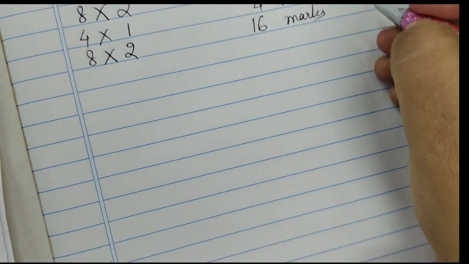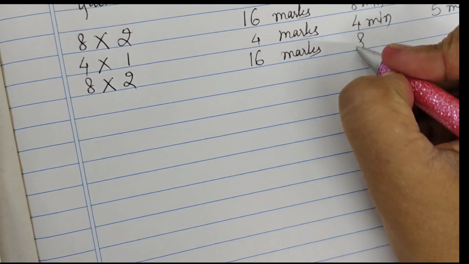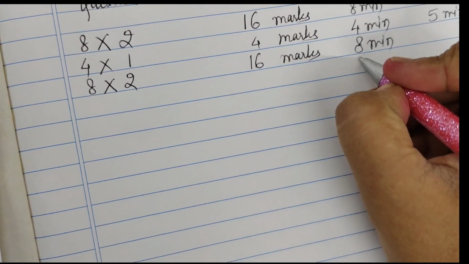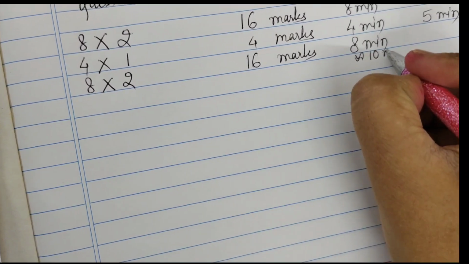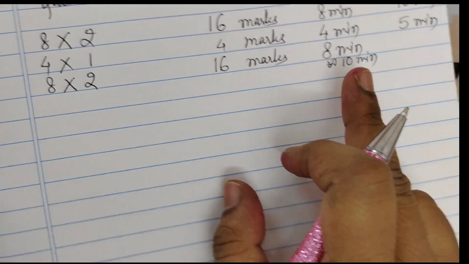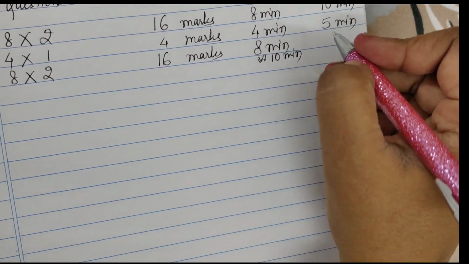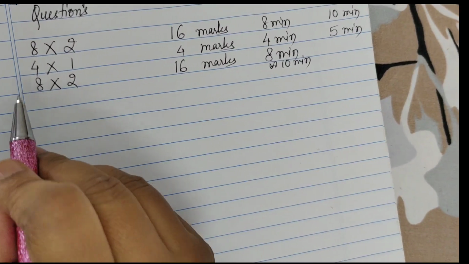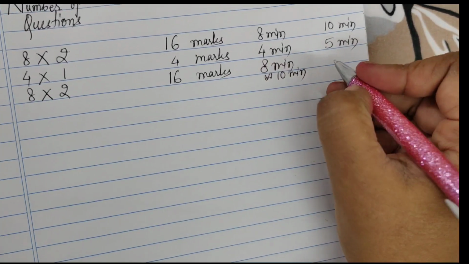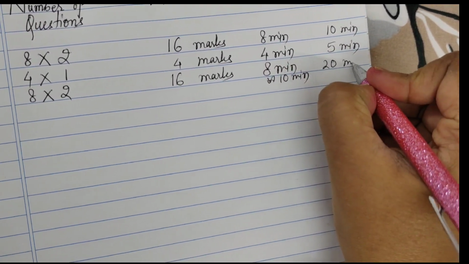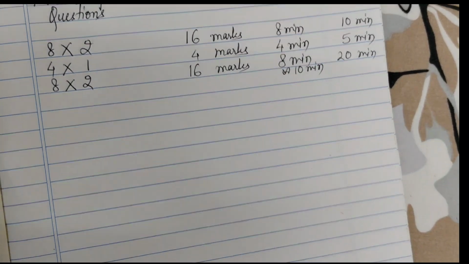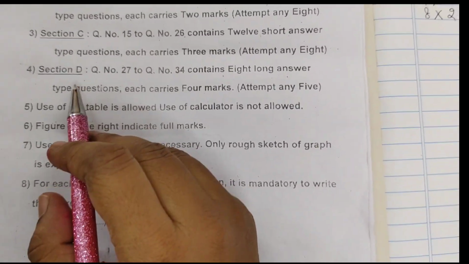If you take 1 minute each, then within 8 minutes or approx 10 minutes you can solve these 8 questions, or at maximum if you allot 2 minutes to each question, then 16, rounded up, we will take 20 minutes to solve these questions. Okay, and then let's proceed.